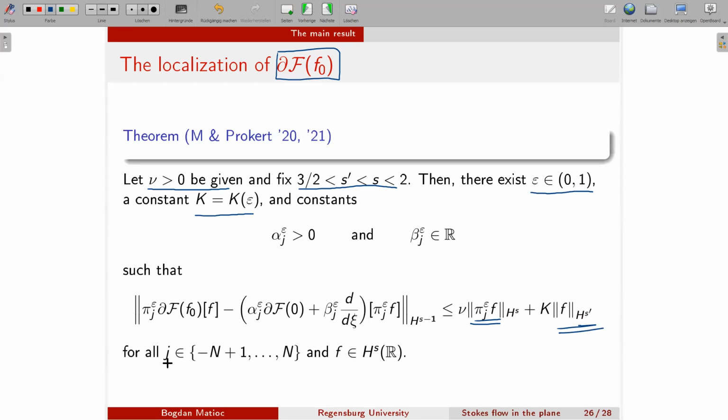And this is true for j between minus N plus 1 and N and all f in H^s.